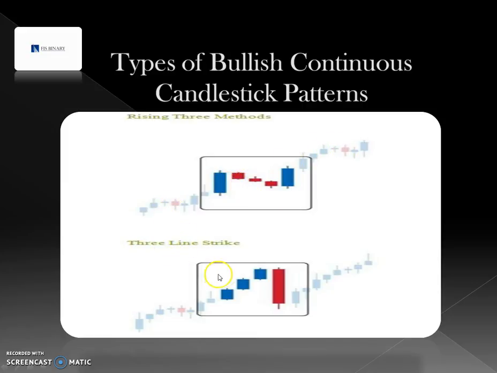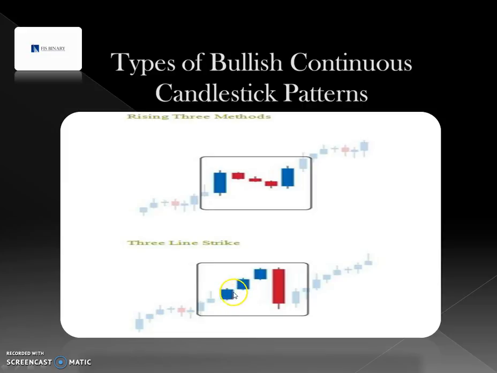Now the three line strikes also forms when three continuous bullish candlesticks form, followed by a bearish candlestick which opens either at the same price as the closing price of the last bullish candlestick or above it, but always closes below the opening price of the first bullish candlestick.